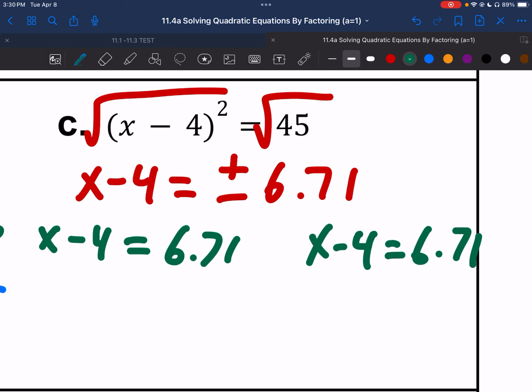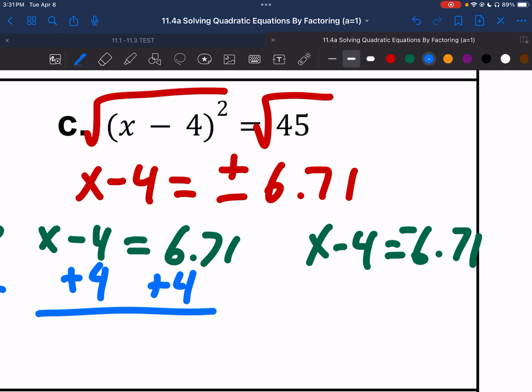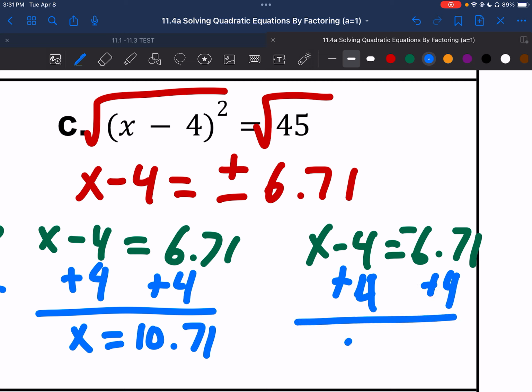And then we add 4 to both sides. X is going to equal 10.71, or when we add 4 to both sides, x is equal to negative 2.71. So this is one way of finding our roots, our intercepts of this quadratic equation.